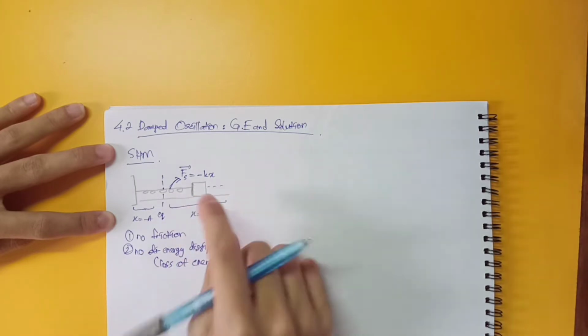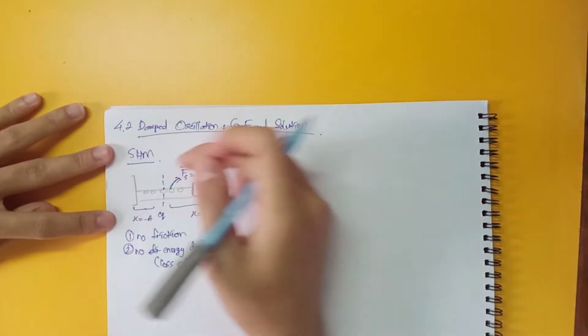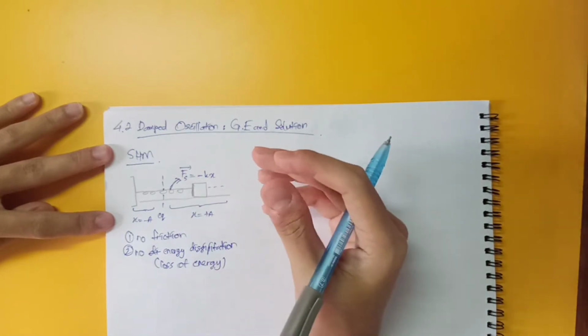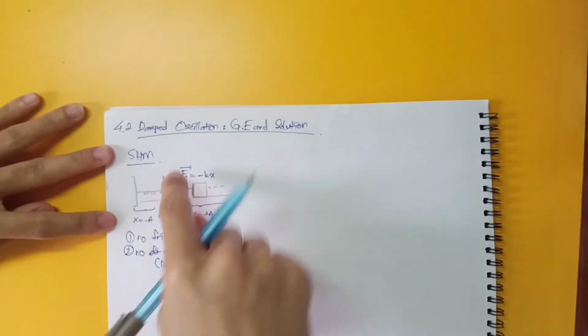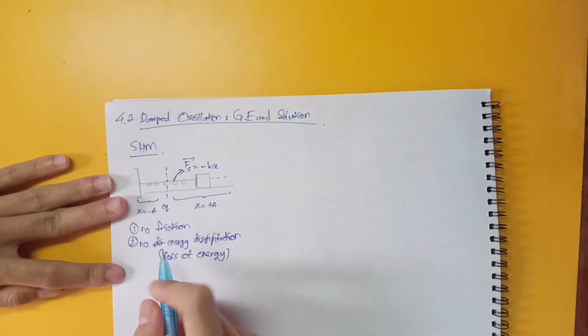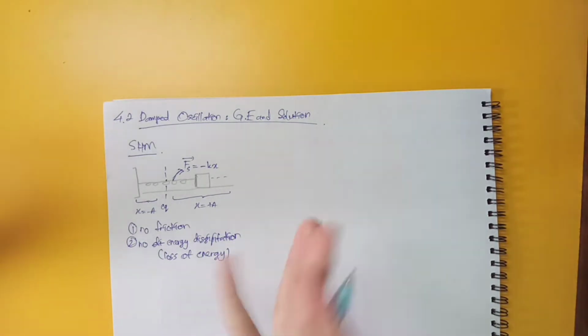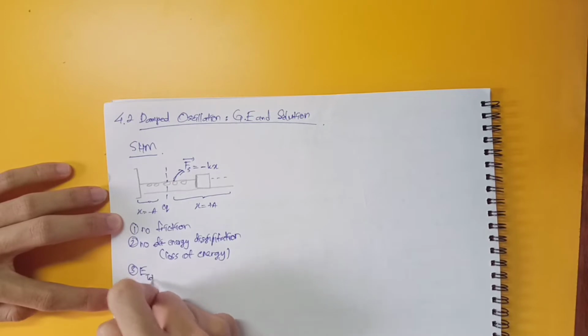There is no frictional force. This is a perfect oscillation, which means the object oscillates in simple harmonic motion. When there is no friction, there is no loss of energy, so the total energy is conserved.